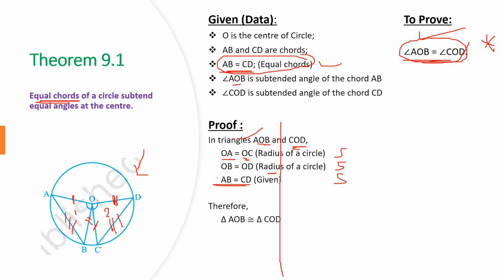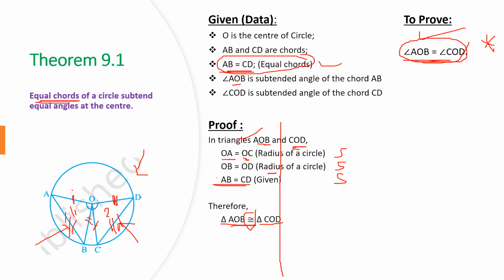Because the three edges of the left triangle are equal to the corresponding three sides of the other triangle, we conclude that triangle AOB is congruent to triangle COD. So this triangle is congruent to this triangle.